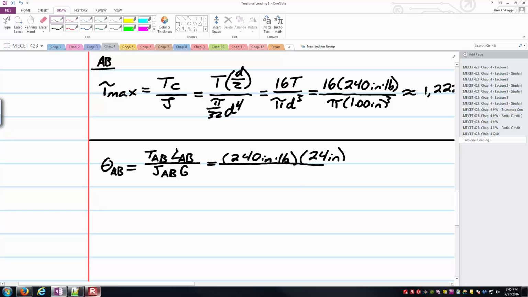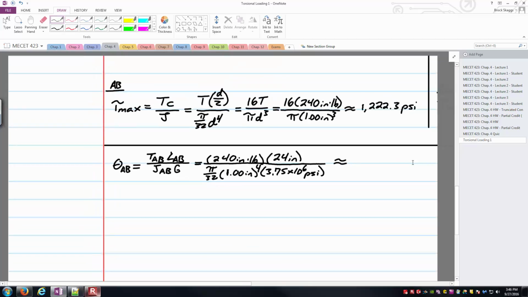The polar moment of inertia, this is a solid circular cross-section. It's right here, pi over 32 d to the fourth, where the d value is 1 inch to the fourth, and the G is 3.75 times 10 to the sixth. And so we should be able to compute a value here.